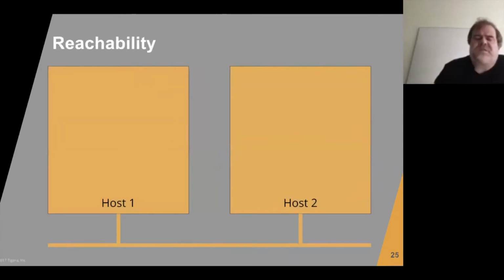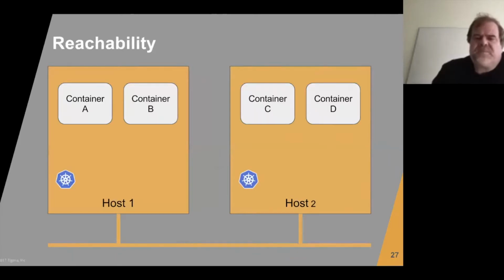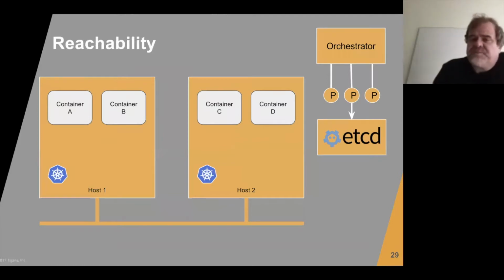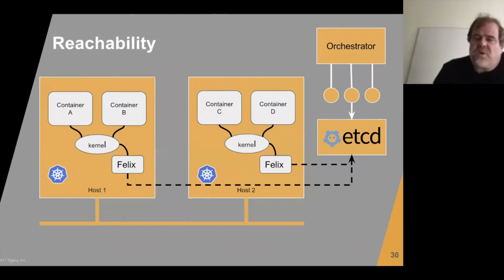You have 2 hosts. They're connected to a network. They're running Kubernetes. They have multiple containers each. etcd is aware of those containers and those hosts, because it's listening to the orchestrator. The etcd is being listened to by Felix, which is the Calico agent on each server.